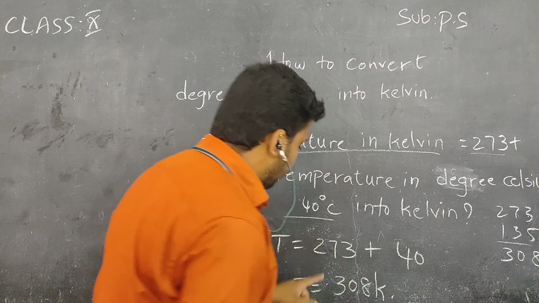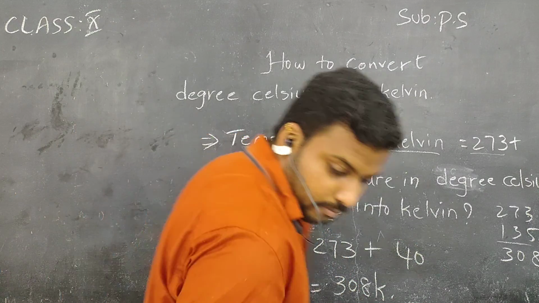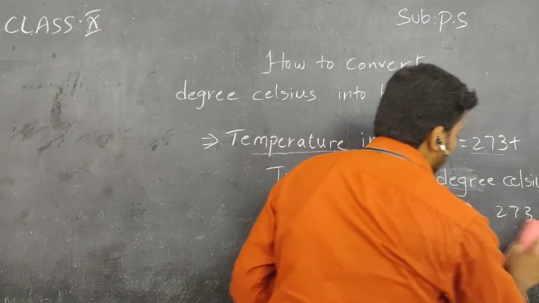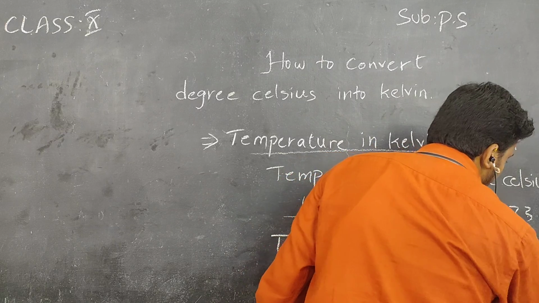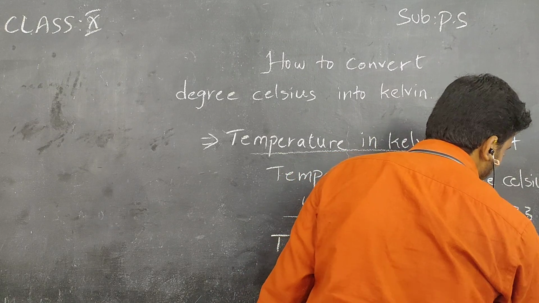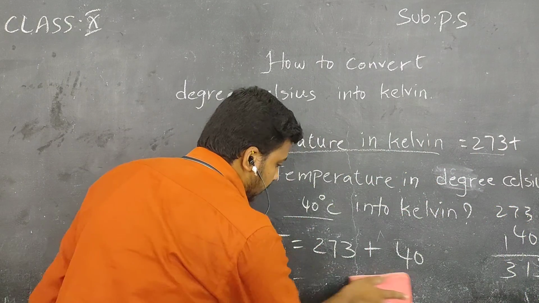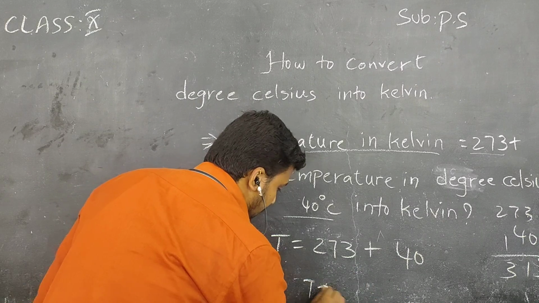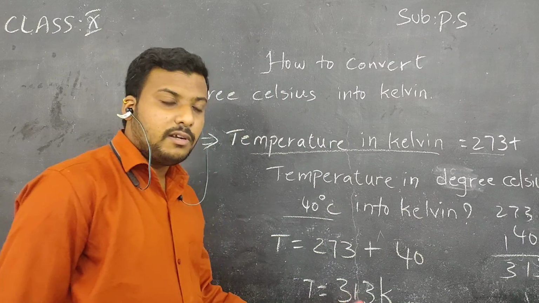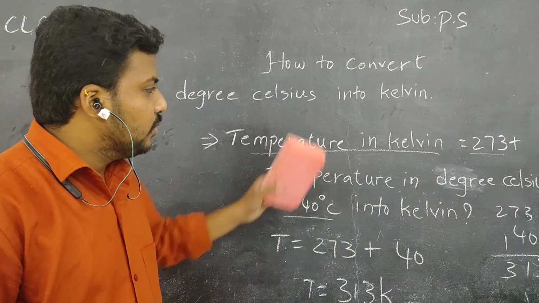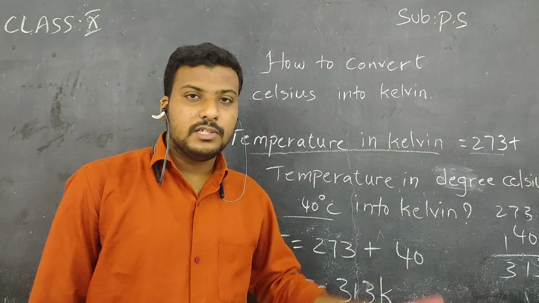I'm adding 40 to this 273. 0 plus 3, 3. 7 plus 4, 11. 2 plus 1, 3. So you get T equal to 313 K, nothing but 313 Kelvin, children. Like this, you convert degrees Celsius into Kelvin.